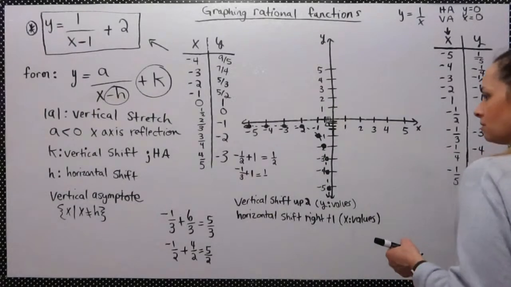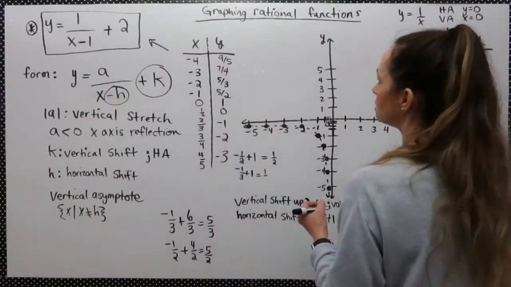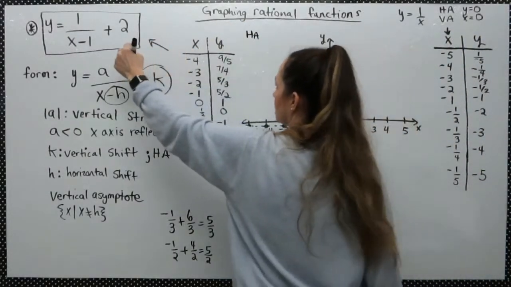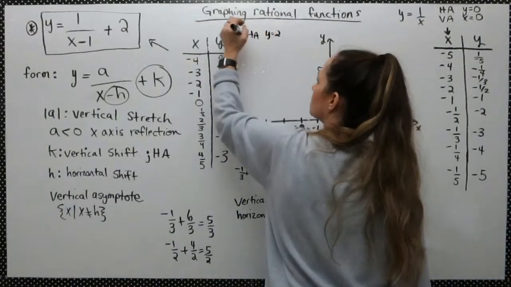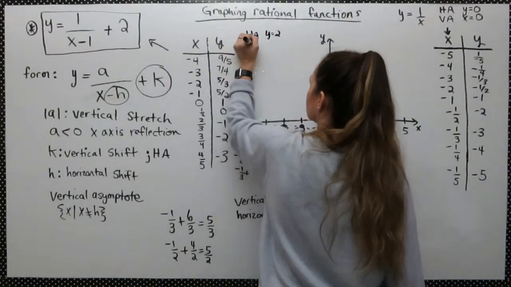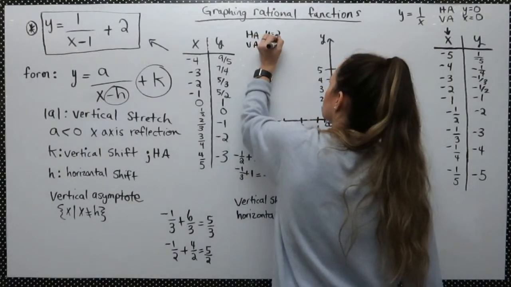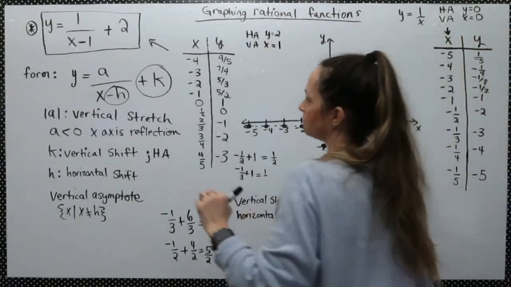And then also it's telling us that our horizontal asymptote, HA, was at y equals 2, and our VA is at x equals +1 because of these values.